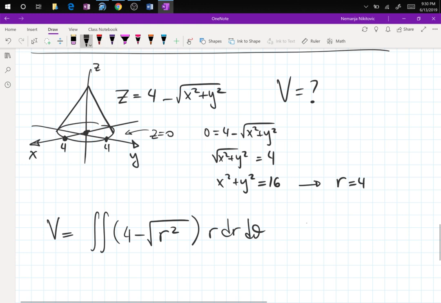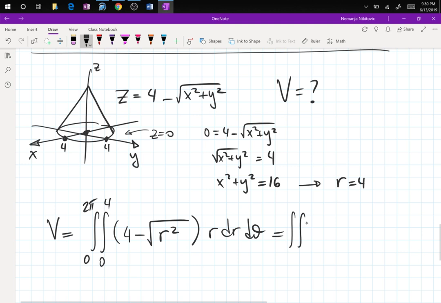So I want the full cone, so 0 to 2 pi. And the calculation we did earlier, r is equal to 4. There are no holes in this cone. Therefore, 0 to 4, we want the entire cone. Now, square root and square will cancel.